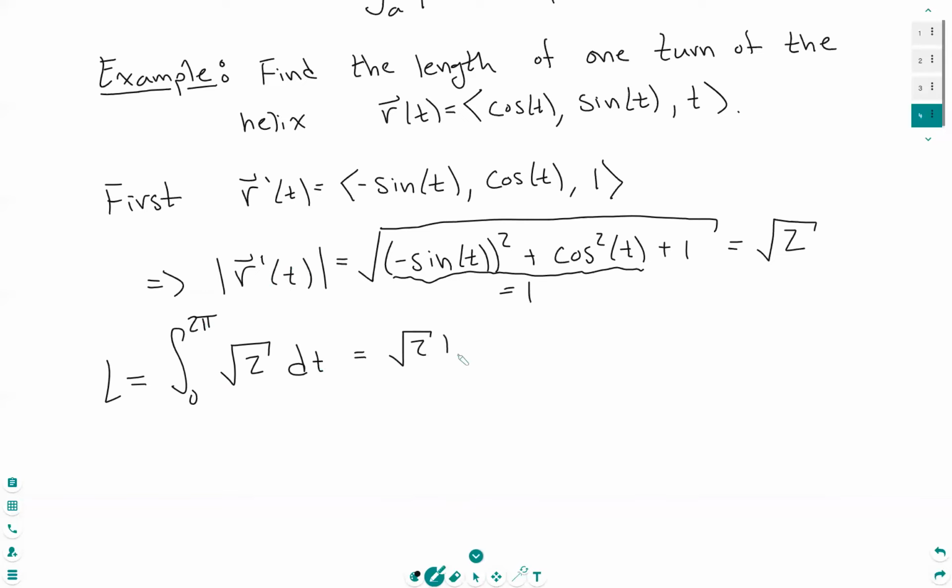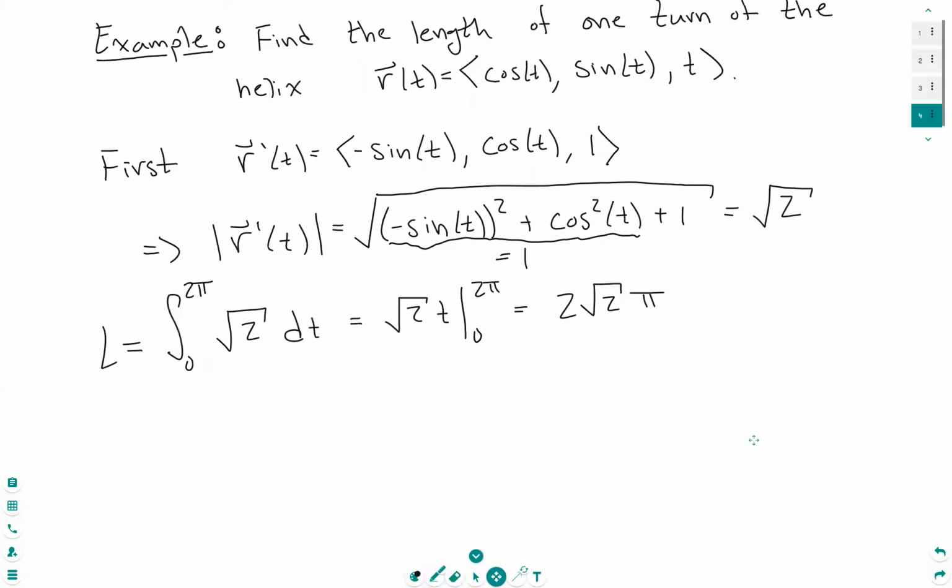Integrating this is amazingly easy. We just have the square root of 2 times t from 0 to 2 pi. So then we just get 2 square root of 2 pi. And that's the length of one revolution of this helix. Pretty cool. Okay.